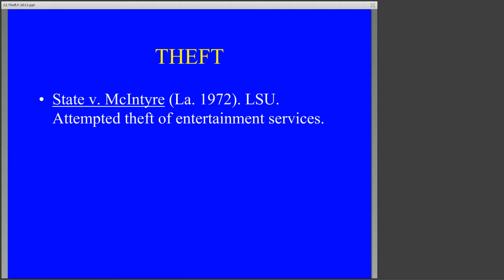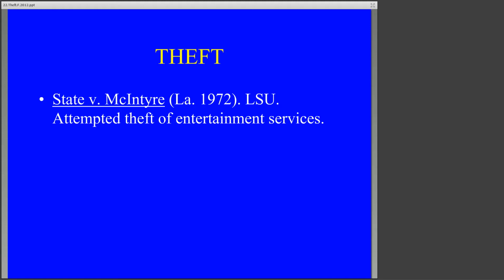Let's look at State v. McIntyre. The charge was attempted theft of entertainment services. This is something that many college students have done and perhaps thought nothing about it. They exchange ID cards, and if you can't go, you've paid for the price of the game through your service fees, you give your card to someone else.